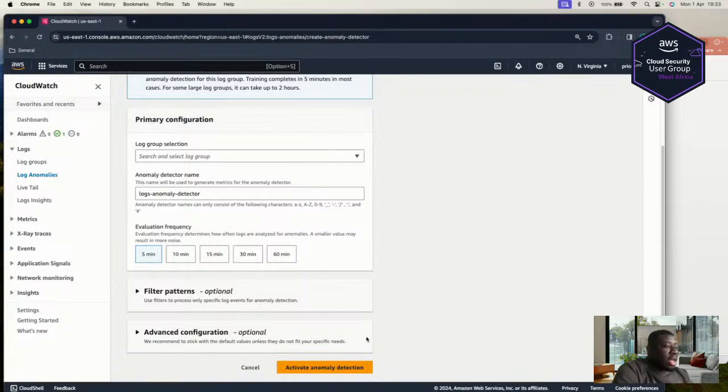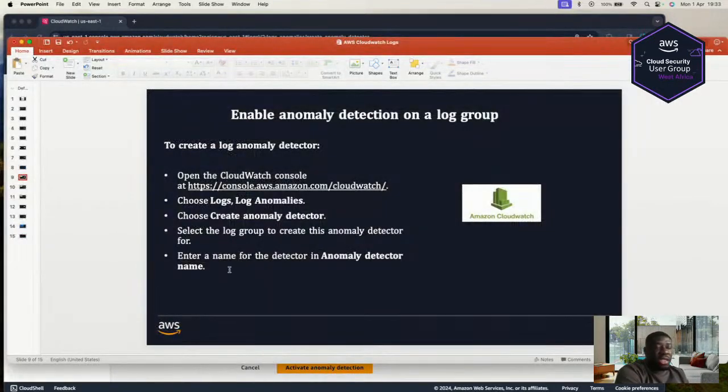And then you can proceed to click on Activate anomaly detection. So with that, you are then able to create an anomaly detector, or basically, you are then able to enable an anomaly detector.